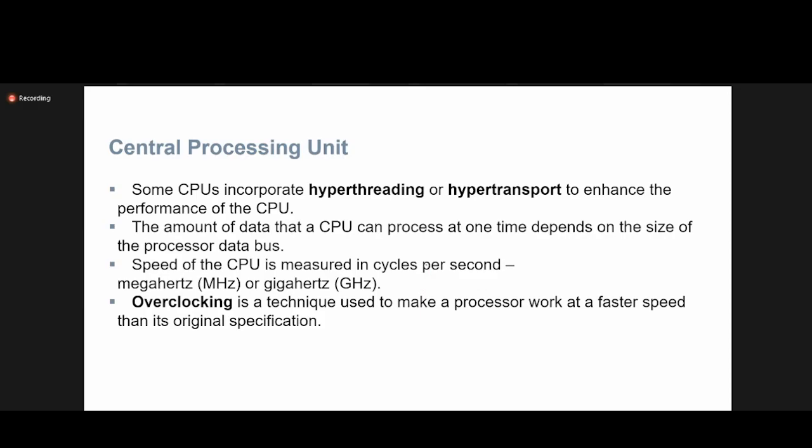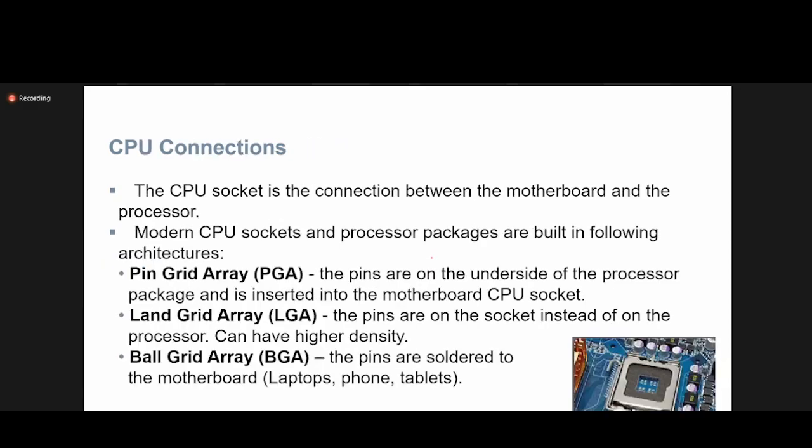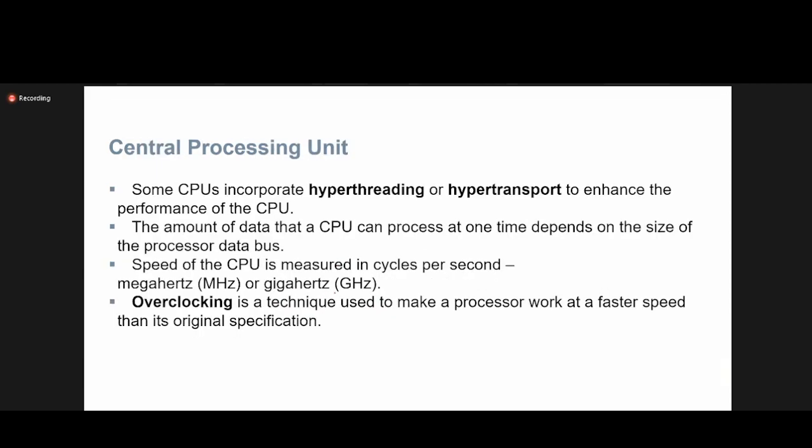So, let's discuss the central processing unit a little bit more, irrespective of the connection types we talked about earlier. The central processing unit incorporates hyper-threading to enhance the performance of the CPU.